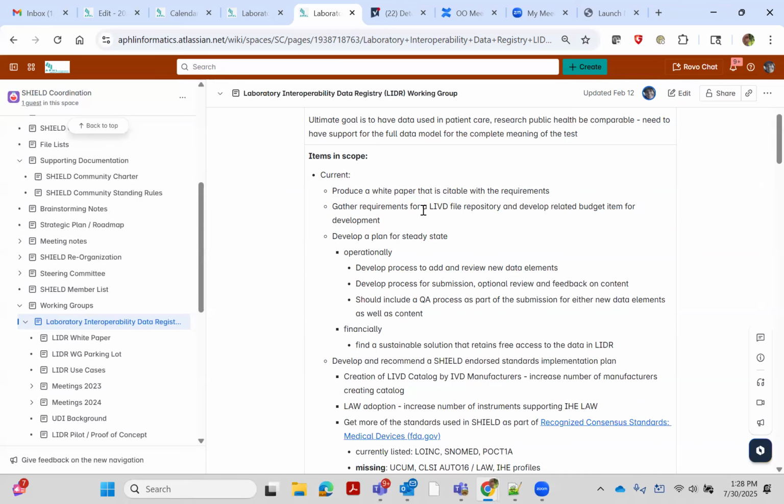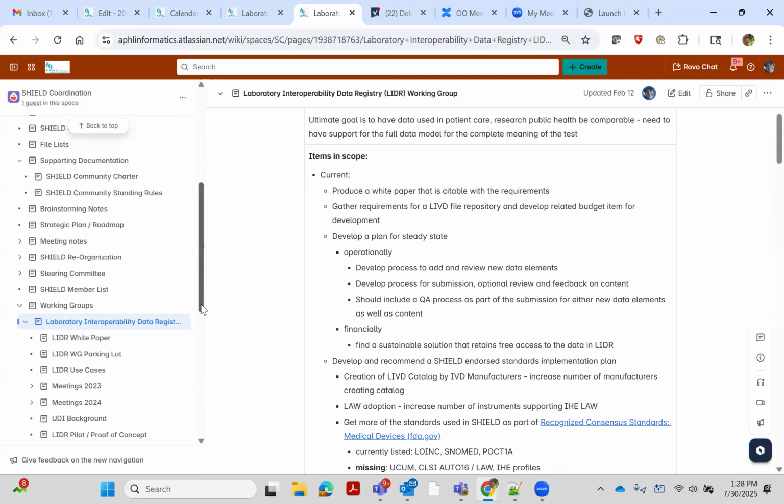So this group has finished writing a white paper. The steering committee is currently reviewing it. And then there's also a group that was funded through some HITECH money that the FDA got, to build an authoring environment for this LIDR, the repository.